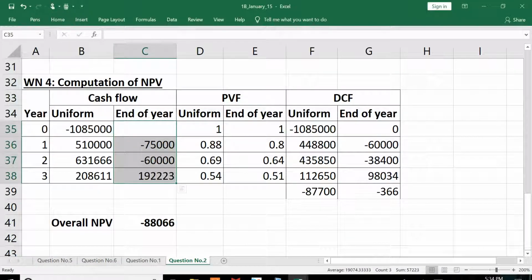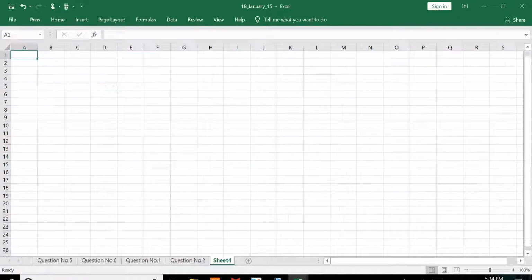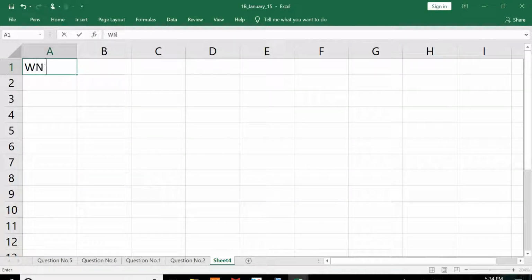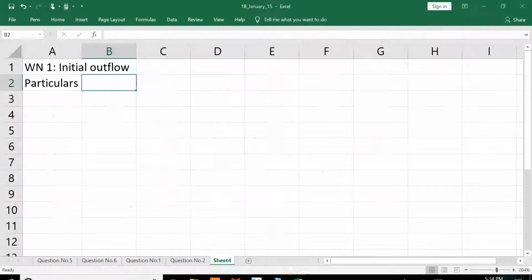Working note 1, initial outflow. Particulars, amount in millions.